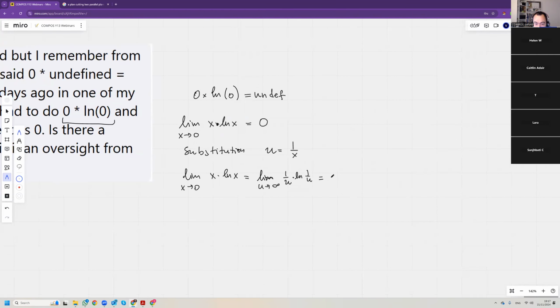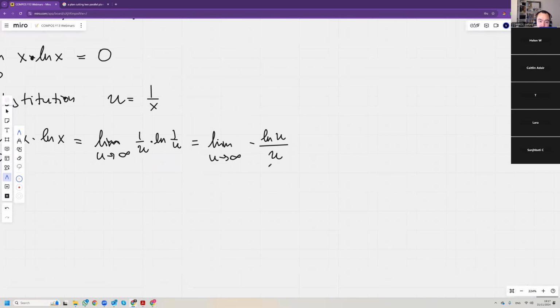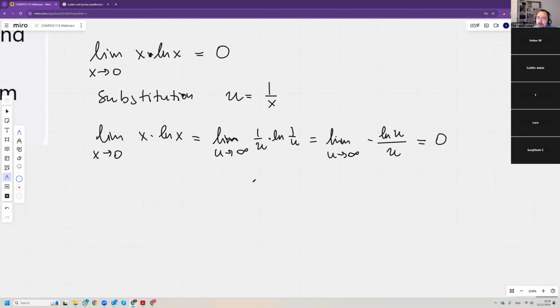That will be the limit as u tends to infinity of minus ln u divided by u. But we know that u is a stronger infinity than ln u, so we know that this is equal to 0.